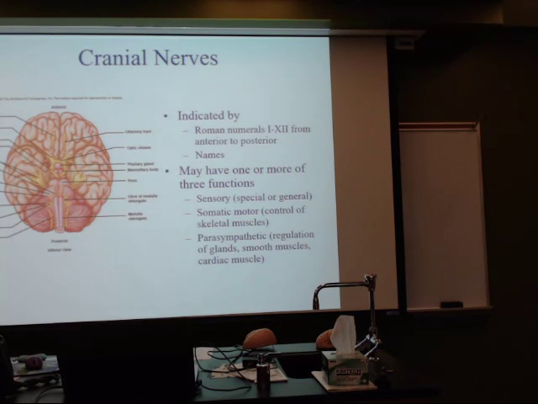Now, this is actually leading us up to the next chapter. I've tried to point out pretty heavily, right now, at this point in time, a lot of what we have learned about the nerves has been to skeletal muscle.